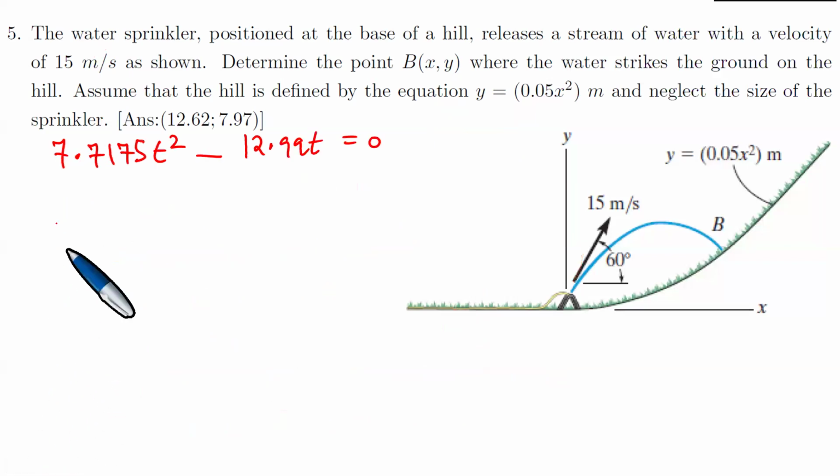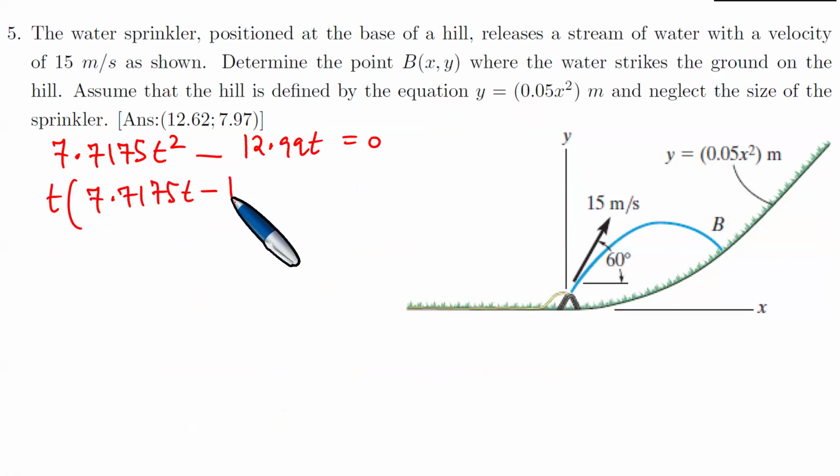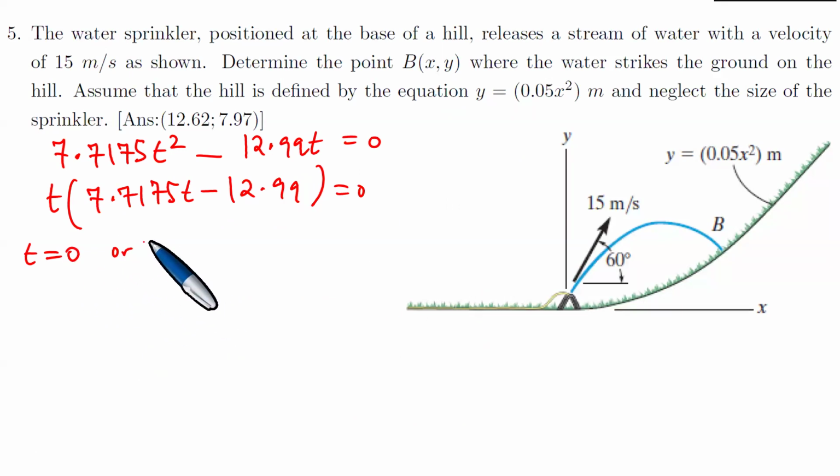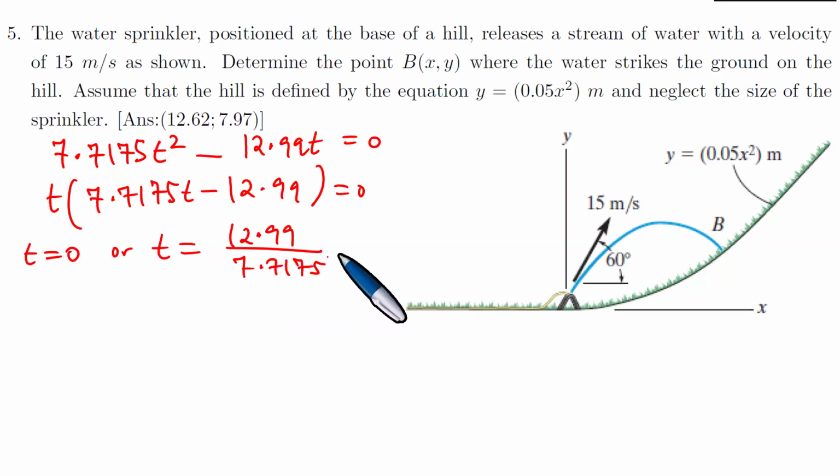Then we can factor out t as a common factor, and we have t times (7.7175t minus 12.99) equals 0, which means we shall have that time equals 0 at the origin, or that time is 12.99 divided by 7.7175.